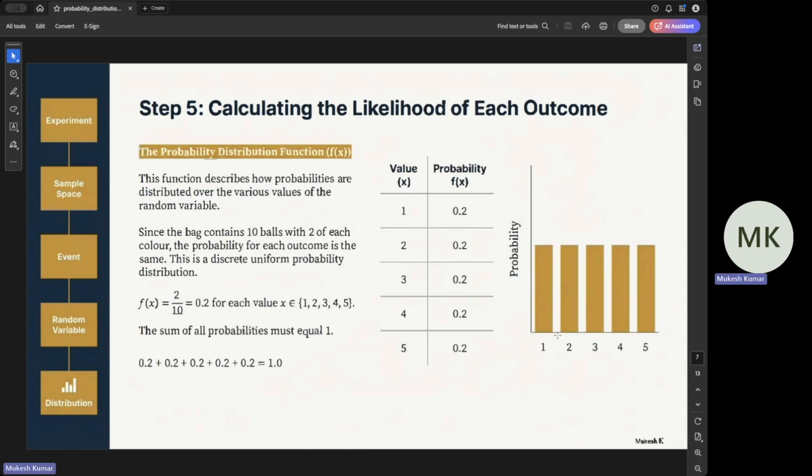If we represent it graphically, on the x-axis we have the number denoting each outcome in the sample space, and the y-axis corresponds to the probability of that variable value occurring.